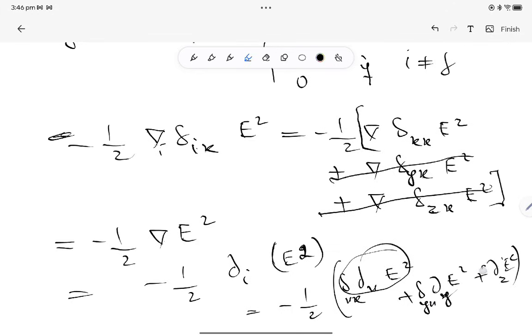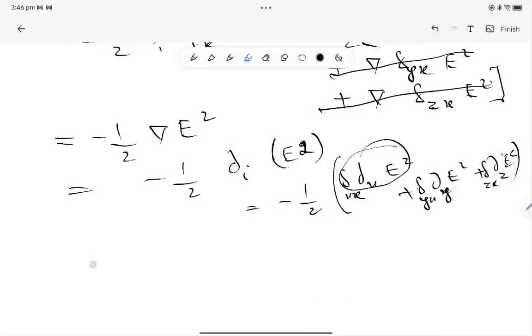Here it will be zx, 0, 0, and you are left with only this term. And so finally the value is minus 1 by 2 del x, which is of course del x e square.